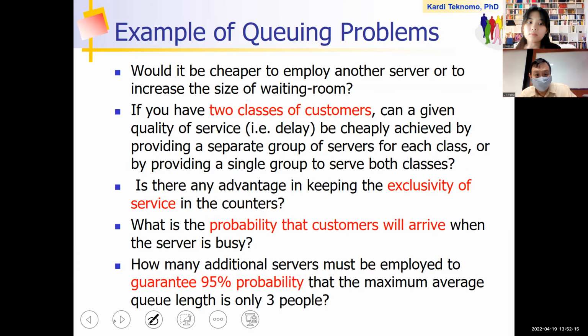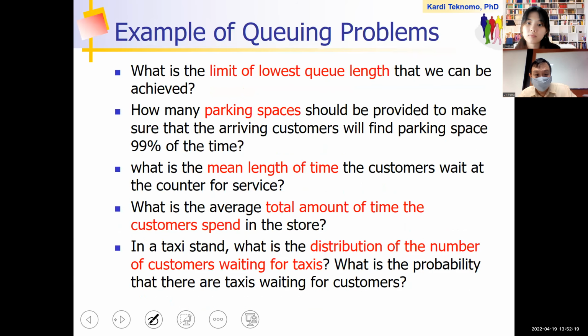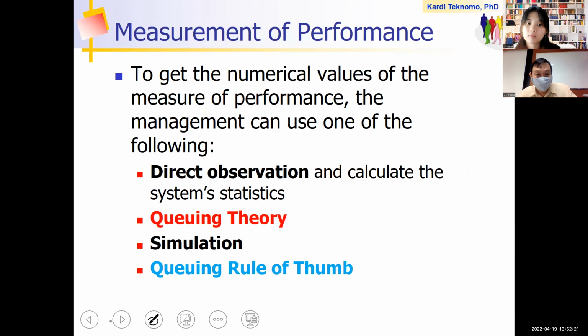You can read more of these problems. I have put a lot of examples of problems. So to solve a queuing problem, there are many ways. One is to do direct observation, and then you calculate the system statistics. Second is to use what is called queuing theory.